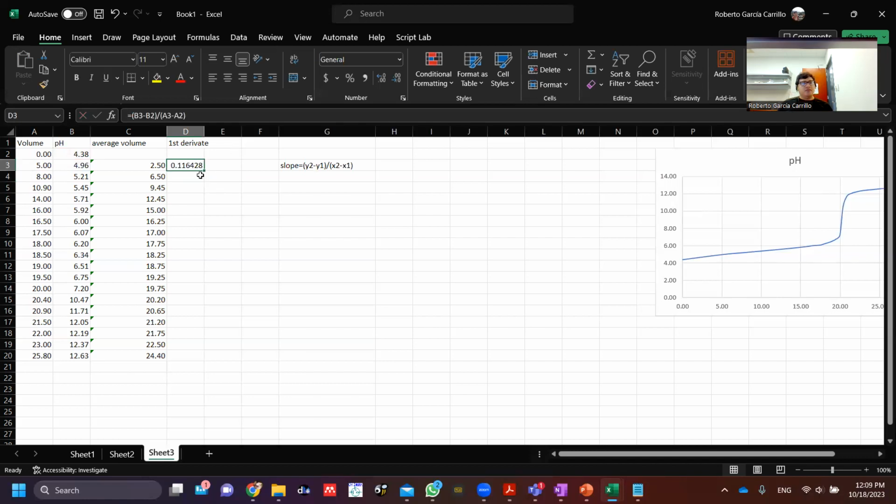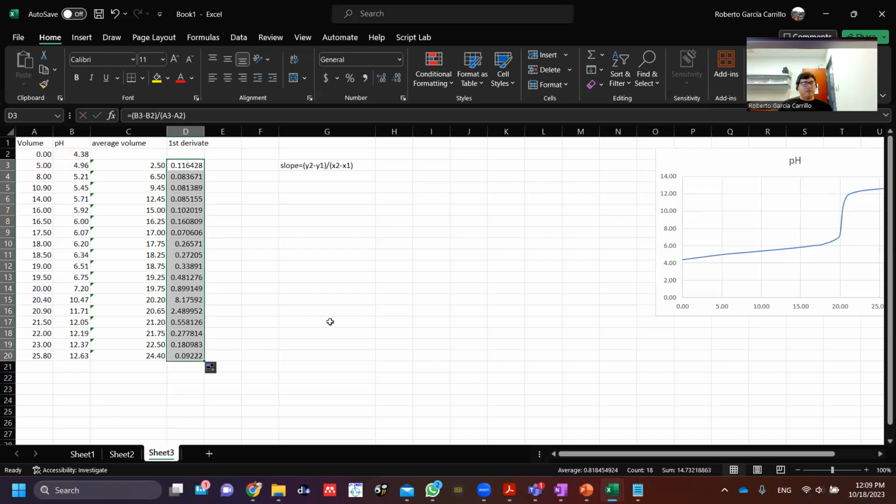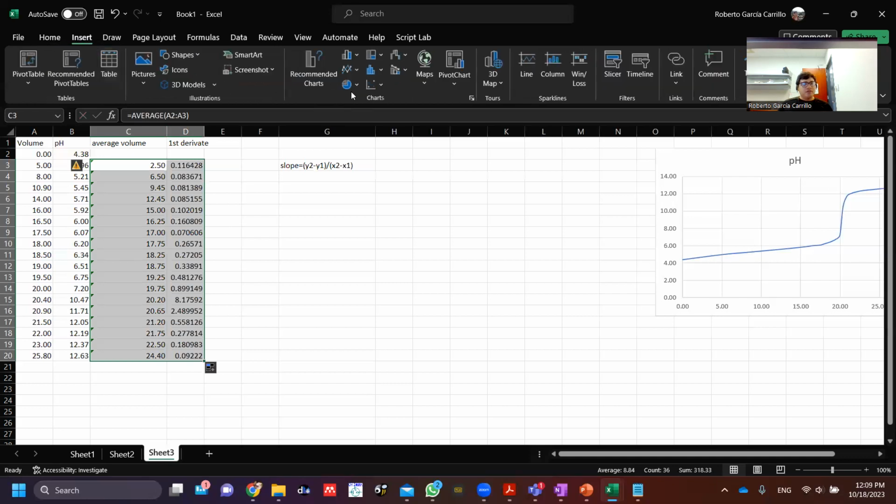This is the first derivative, and we can just drag down to obtain the slope at each particular pH and volume. And if we plot these two columns together, the average volumes and the first derivatives, we get a very interesting plot.